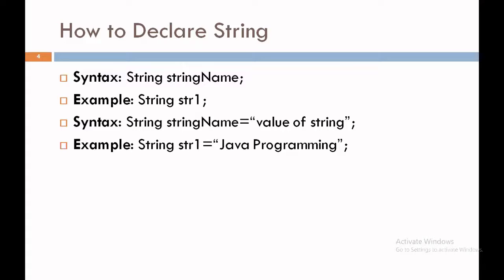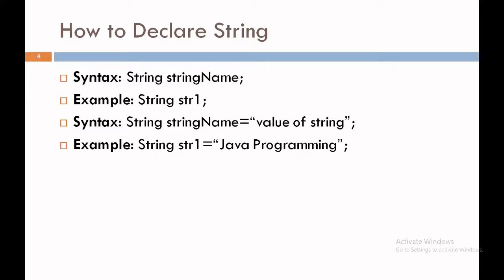So we use str1 as an object which represents the value "Java programming". Here we have created a string and initialized it with "Java programming". In Java, we use double quotes to represent a string. The string is an instance of the String class. Note that all string variables are instances of the String class.